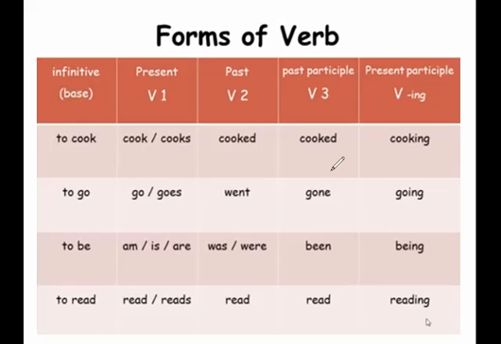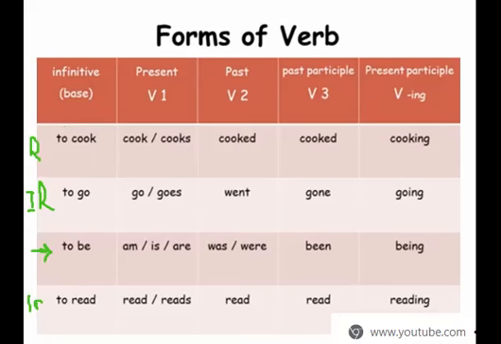Another thing on this slide is that I have used a regular verb for my first example, an irregular verb for my second example, which on purpose is "be", and then another irregular verb, "read".